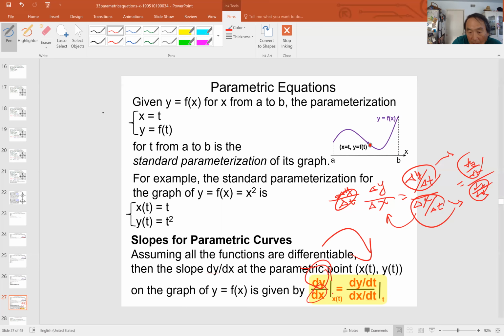By the way, again, why dy/dx? I know people ask, why can't I calculate dy/dx? On the xy coordinates, dy/dx is the slope. This is dy, this is dx, so that's what we're calculating.